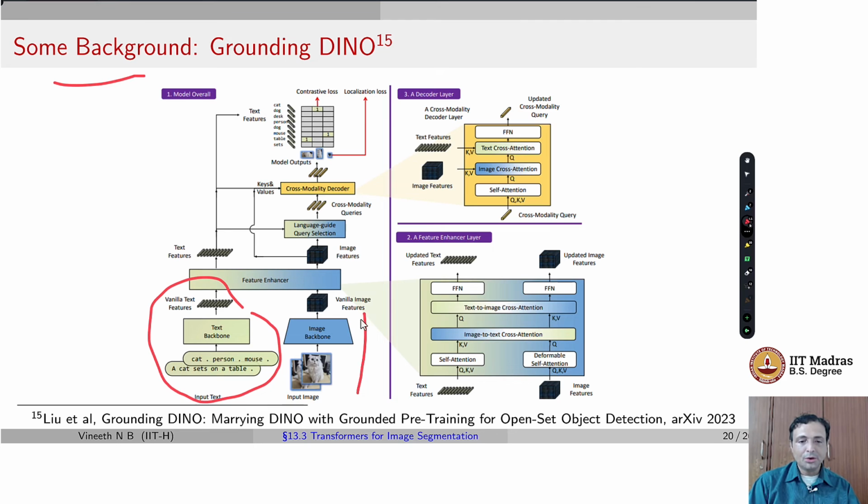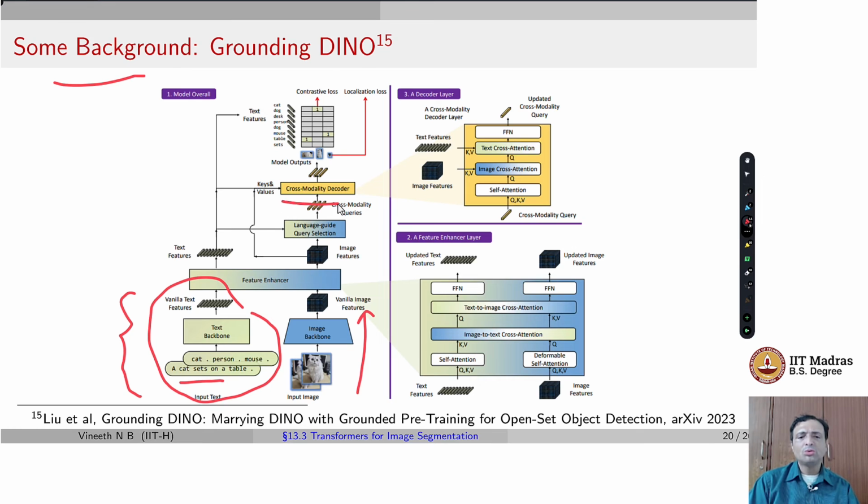In addition to your standard image features that go into a detector, they also allow input of text, which could be a series of words or even a caption, which get converted to text embeddings, which are then given as input to the transformer model.